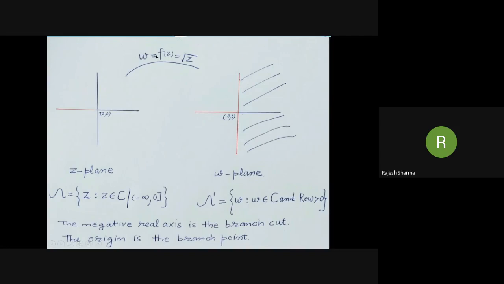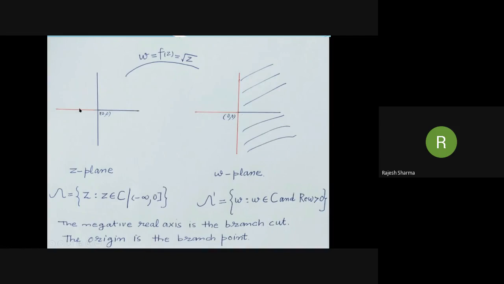And this goes, under this mapping root z with real part of root z greater than 0, to the open right half plane. Similarly, minus root z goes to the open left half plane. Also note that this negative real axis is called the branch cut. Why?